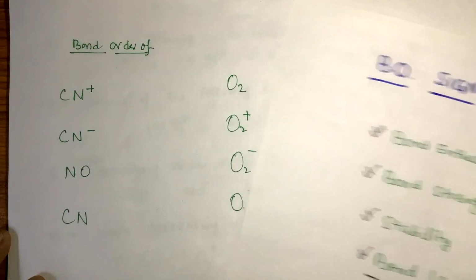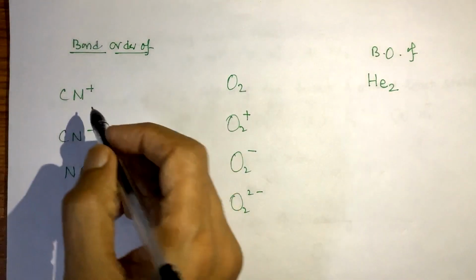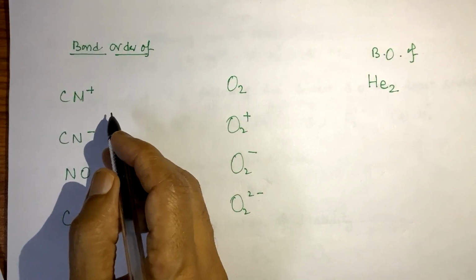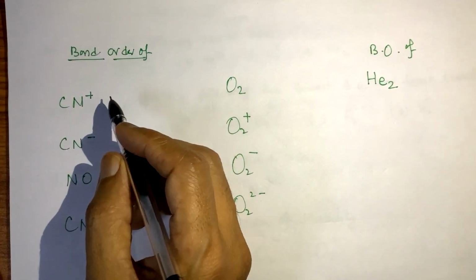Now we come on to the calculation of the bond order. Let us first calculate the bond order of CN plus. See, we are to calculate the number of electrons.